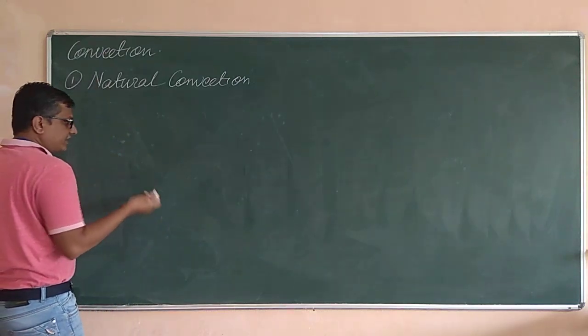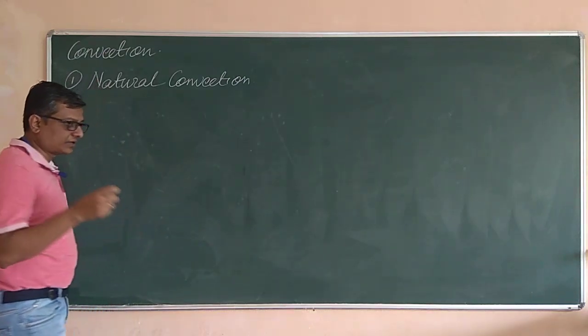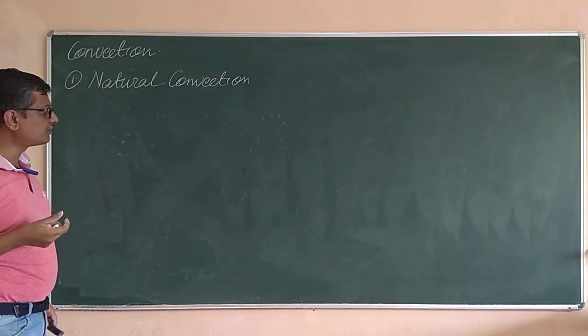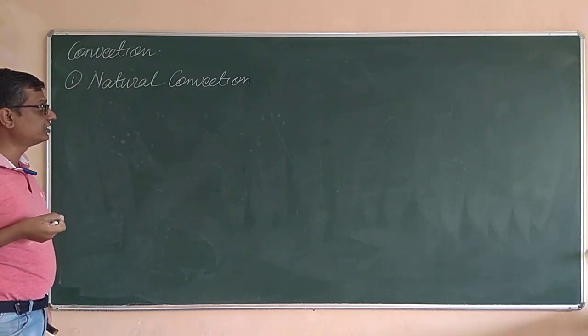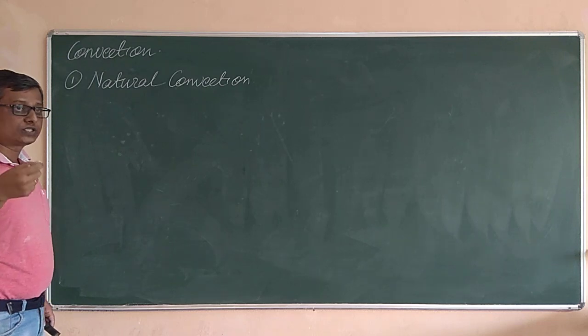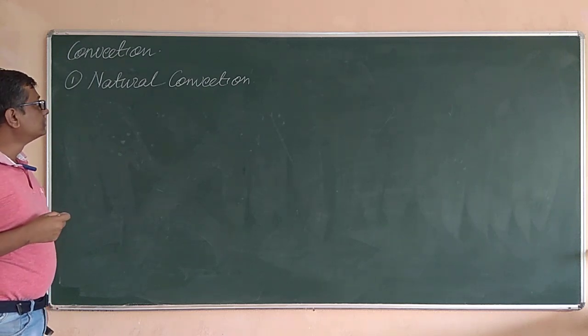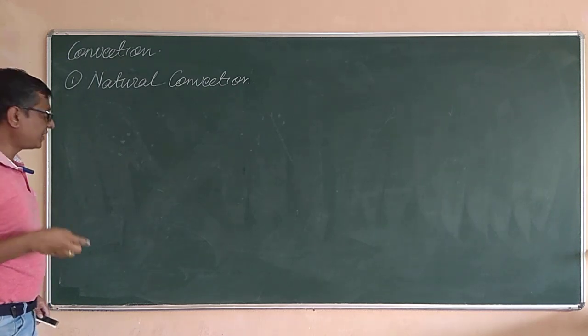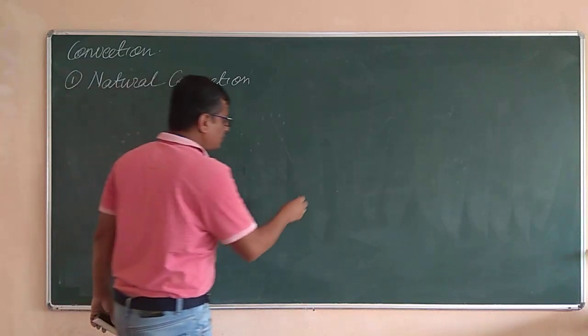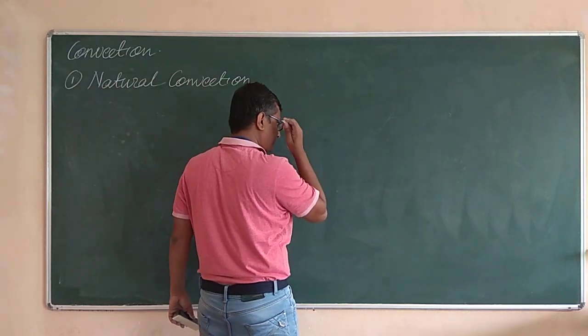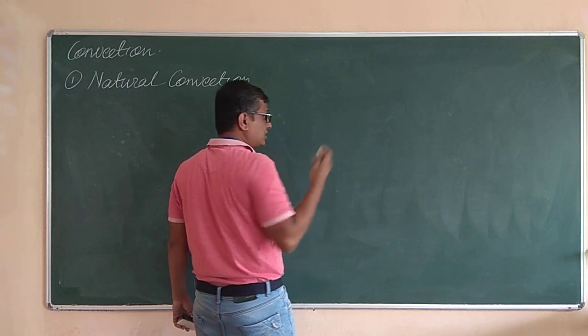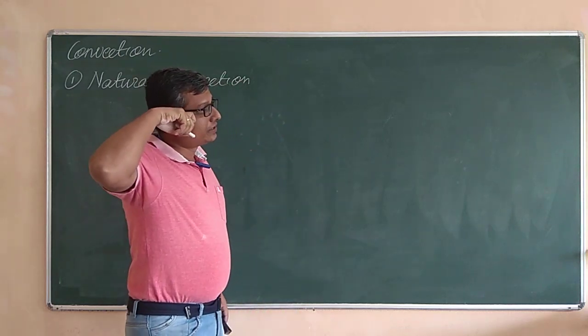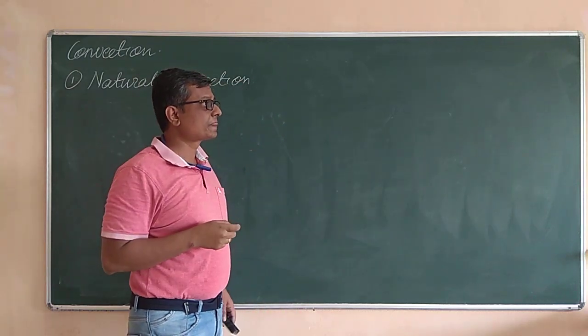If I take a body, I have just given you the example of a Manchurian, hot enough that it is so hot to eat directly. If I take that Manchurian, or say another example, the Manchurian is over now.